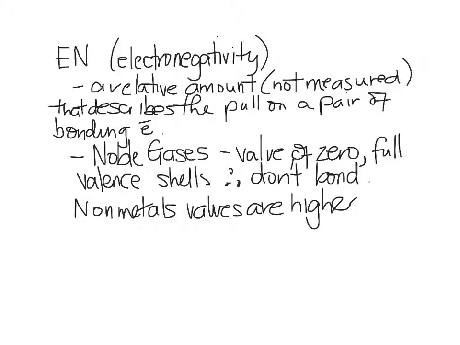Especially the halogens. And this is because of their size. Because they're so small, they have greater control over neighboring electrons.